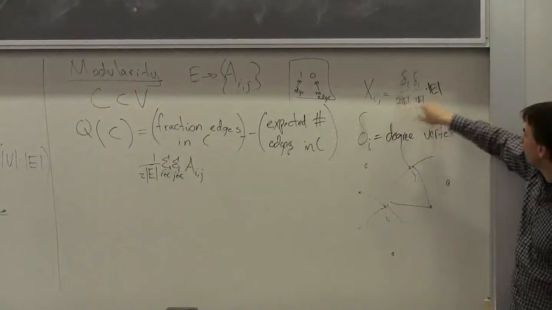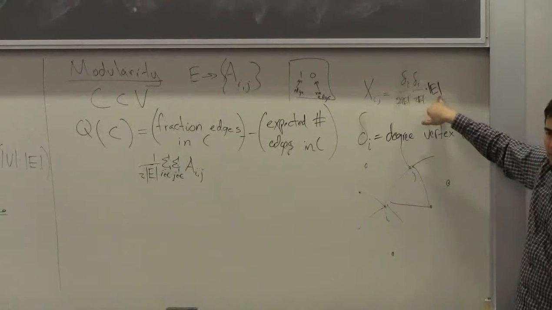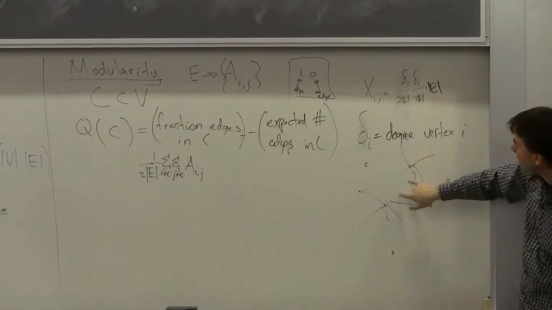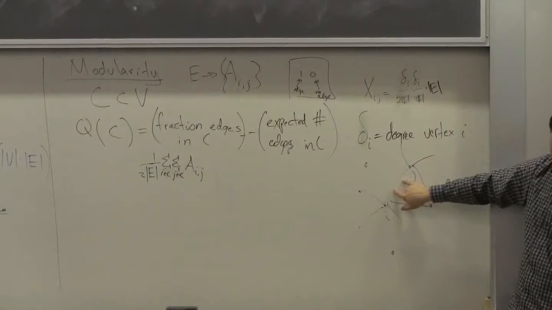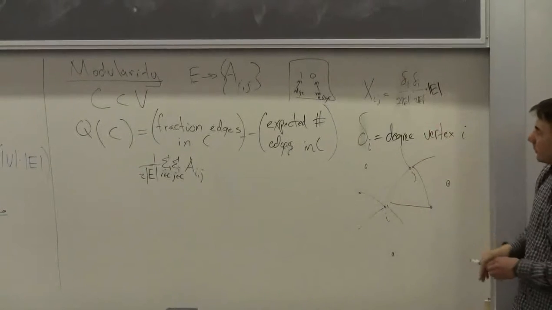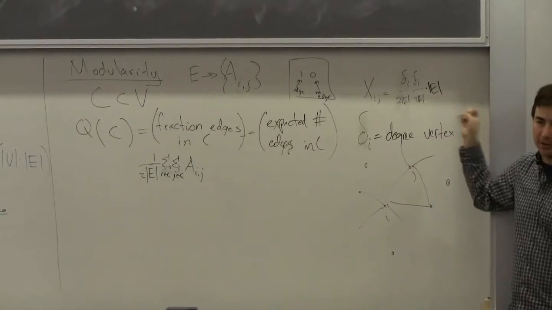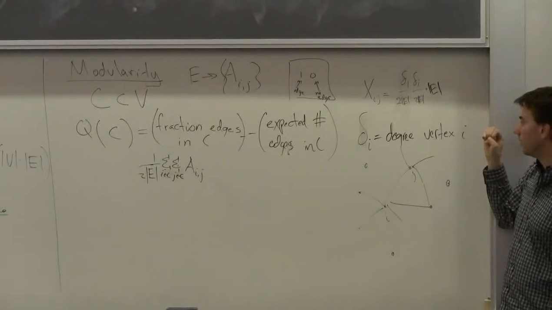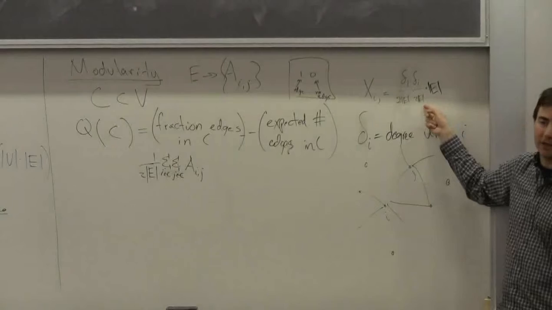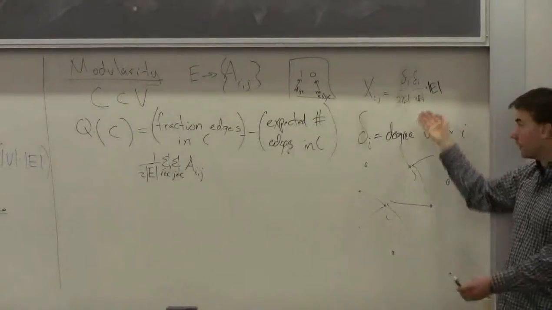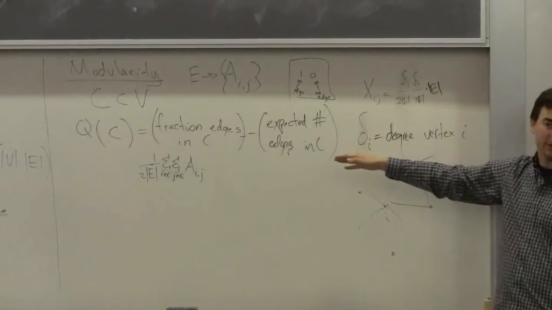And so I do this for both of them, and I multiply through by e. And so that means of all the edges I place, what is the probability I place one here? There are other ways you could model how you place these edges, but this was the one chosen inside this definition.